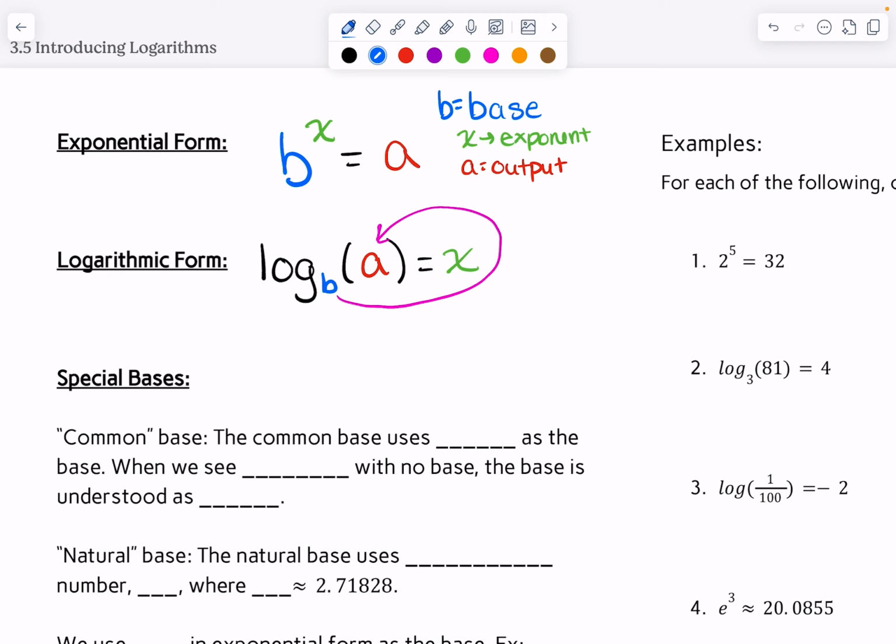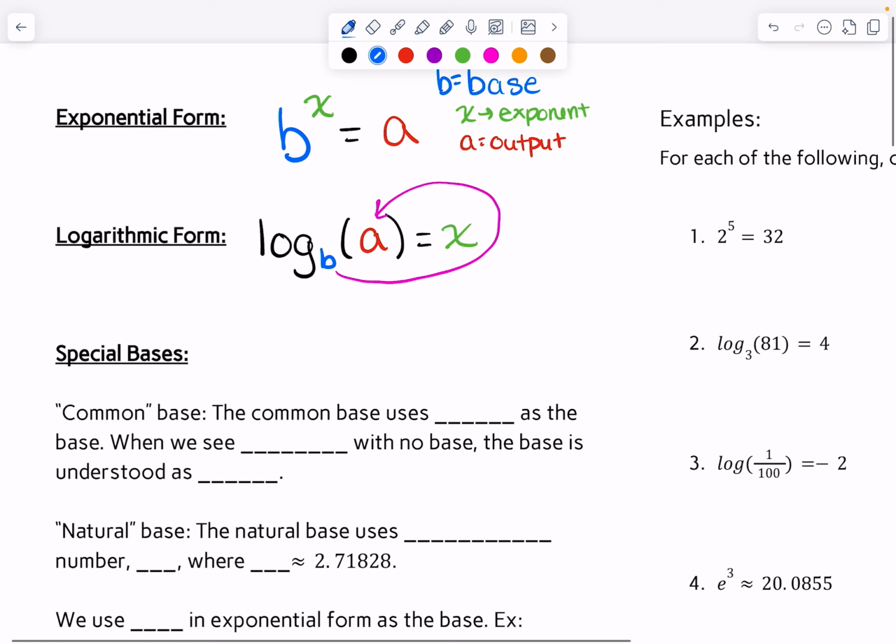So we have a couple of special bases that we use. The first one is called our common base. The common base uses 10 as the base. So if we see log with no base, no number down where we see the b, the base is understood to be 10.